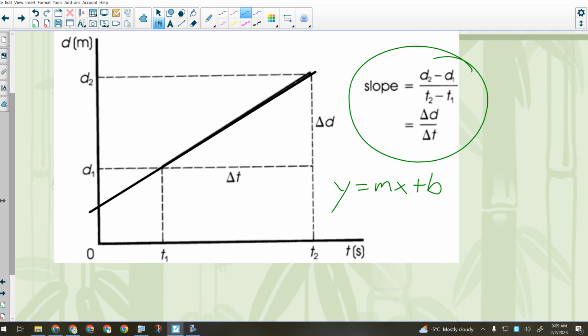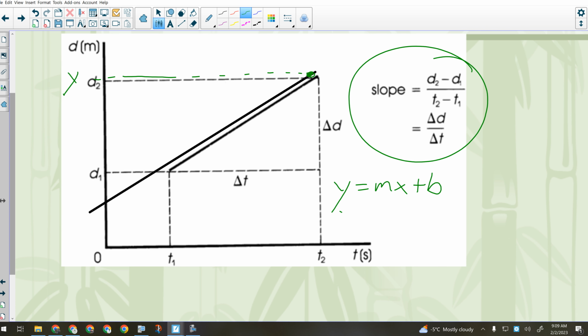Okay, so just quick review here. Y is any y value along that line that is actually on that line. X is the corresponding x value for that point. So if I was selecting this point right here on the line, this would be y.